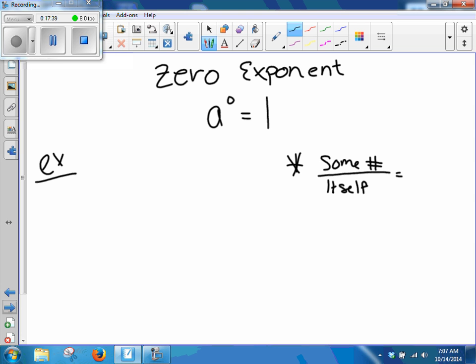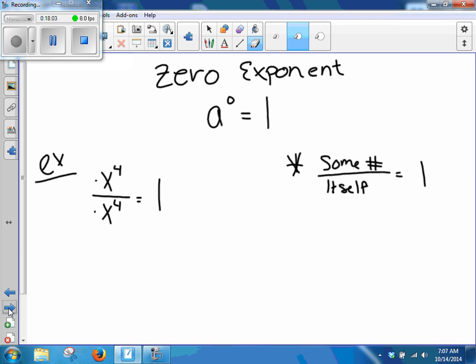Okay, well, if it's the same number on top and bottom, it's always equal to 1. Okay, so if I have, I don't know, x to the 4th divided by x to the 4th, okay? If you look at that, that is the same number on top and on bottom. So truly, I could think about it right off the bat as same number, so it's equal to 1. But I got to understand that a little bit better.